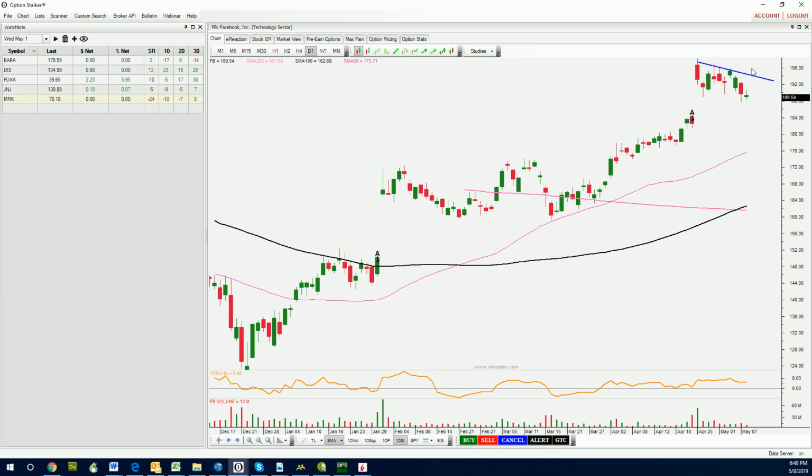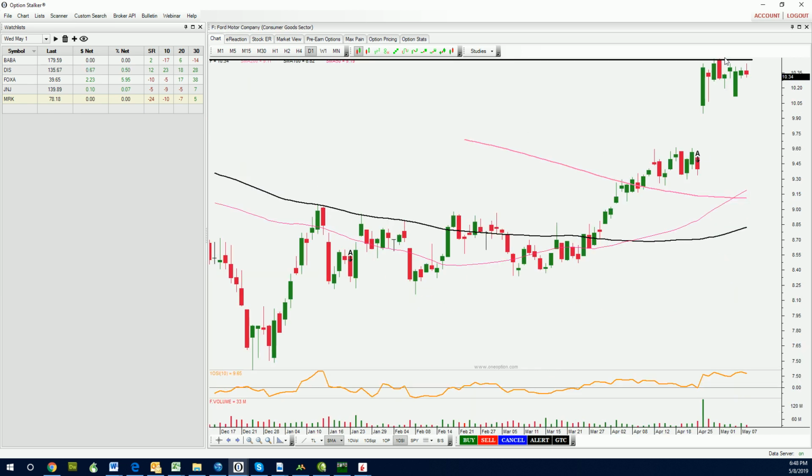And our buy would be right above that line. That would be a bull flag formation. So when it comes back up, we want to buy it. I'm going to go back to Ford, and we can use the same principle there, except you got to go horizontal because there's not much movement. It's really compressing sideways.